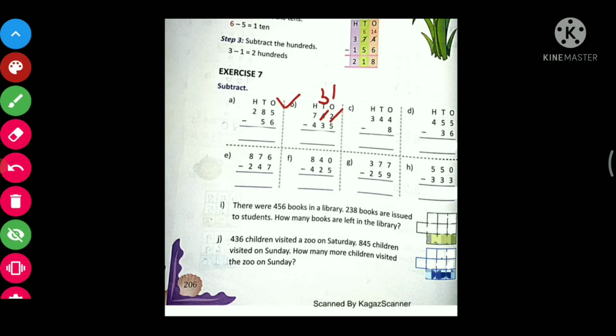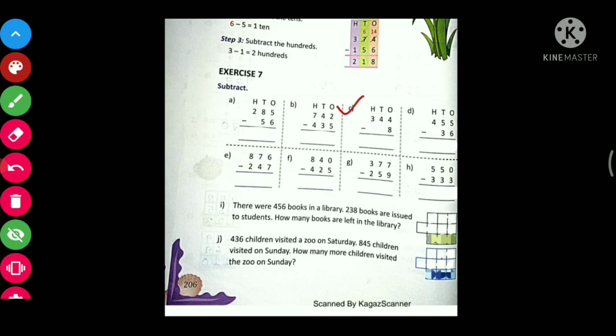So now 10 plus 2 will be 12. Now 12 minus 5, how much will it be? 7. 3 minus 3, 0. 7 minus 4, see the 100 place value, 3. So our answer will be what? 307, right?